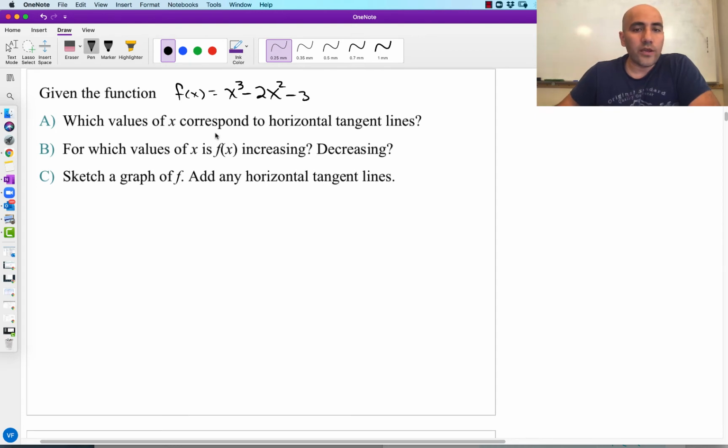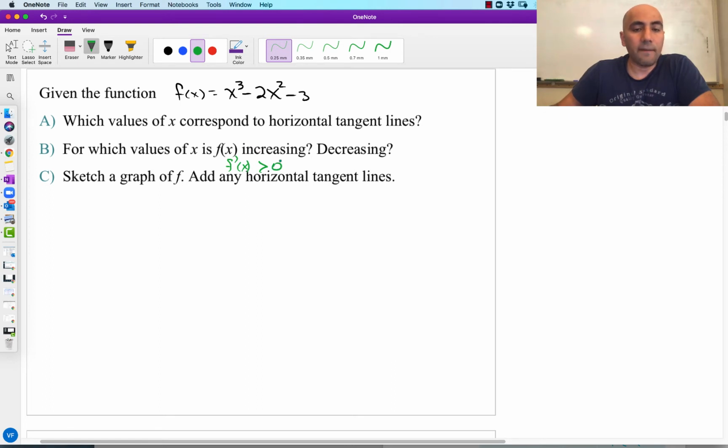Okay, so we know that the horizontal tangent lines occur when the first derivative equals 0. And we just learned that the function is increasing when the first derivative is positive, and that the function is decreasing when the first derivative is negative. Let me write that down. f of x is increasing when f prime of x is greater than 0.